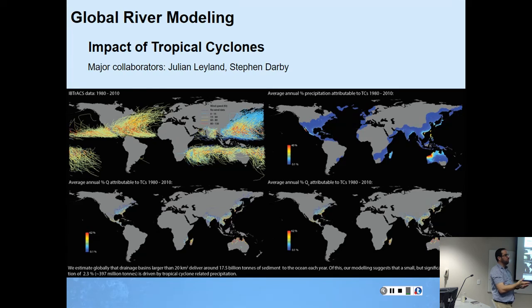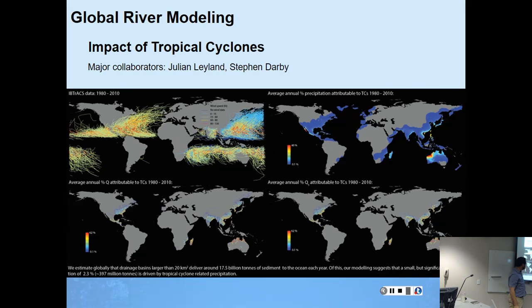So you can produce precipitation data that takes out the tropical cyclones, removing their influence on the run. Then you run the model with cyclones and without cyclones, and therefore you can isolate the contribution of tropical cyclones on sediment flux. They have actual measurements or estimates, at very high resolution, for the Mekong. So this is sort of where we are at the moment.